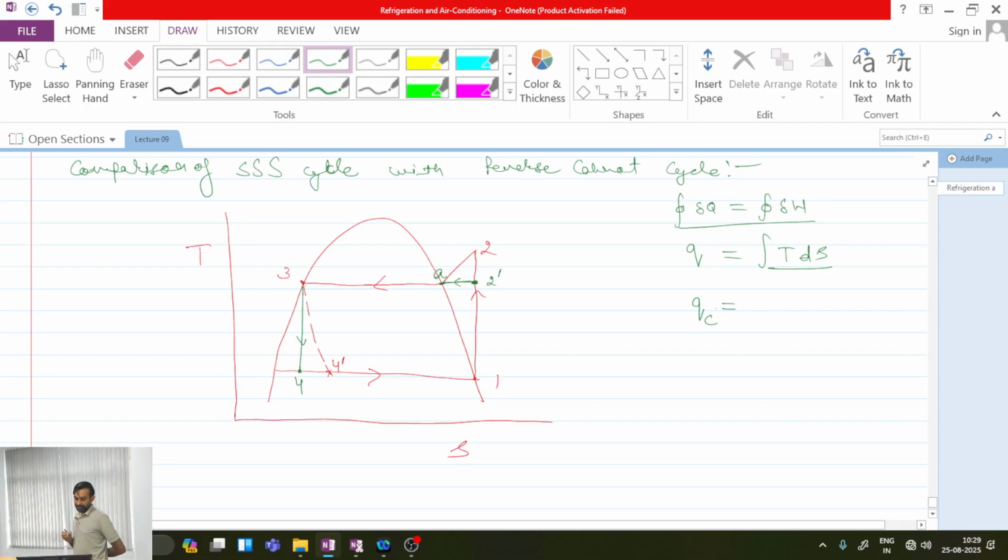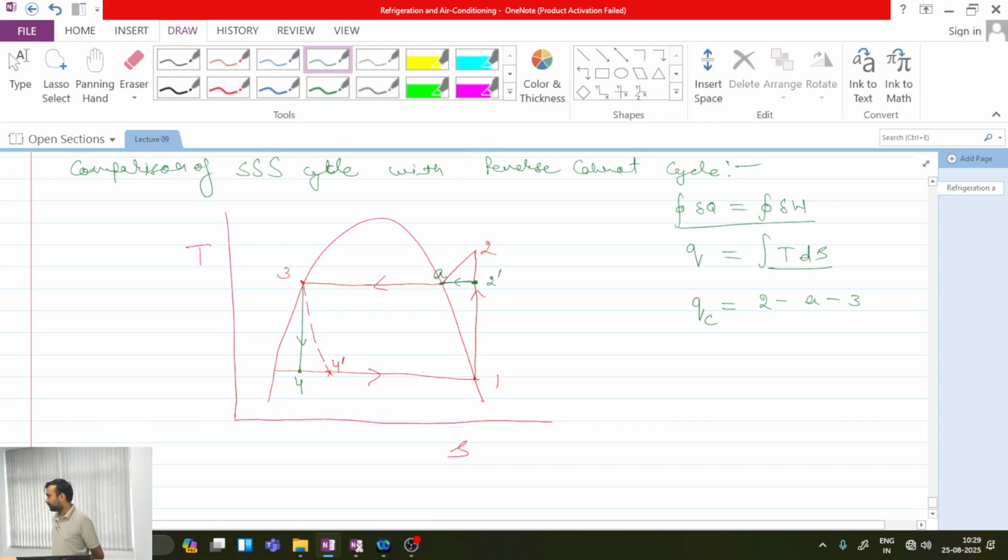The amount of heat rejection in the condenser will always be equal to the area under the 2A3 line. Whatever is the area below this line, that is my heat rejected in the condenser.